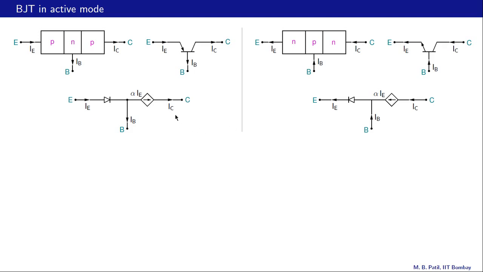IC is in the same direction as alpha IE in both cases, and IB is coming out of the device in the PNP case, and IB is going into the device for the NPN case. And an easy way to remember this is IE is equal to IB plus IC in both of these situations.